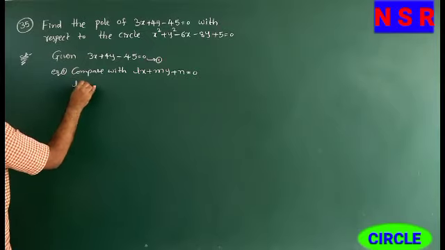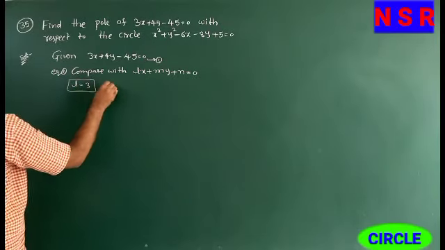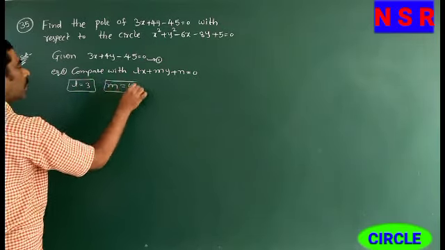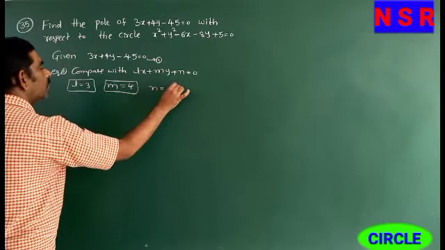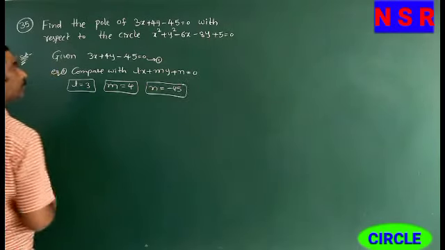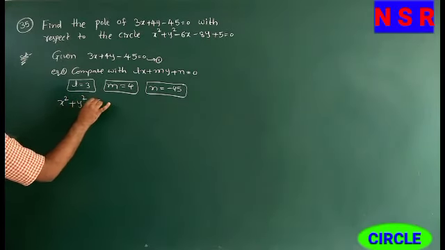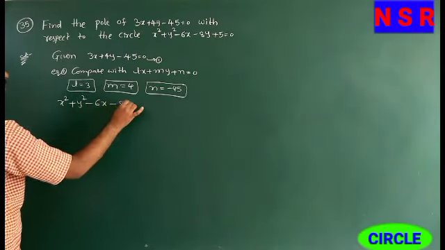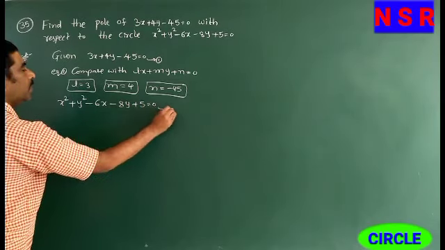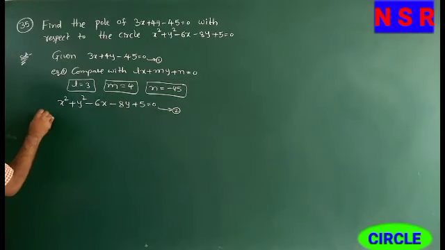So here L equal to 3, m equal to 4 and n equal to -45. And given here circle equation x² + y² - 6x - 8y + 5 equal to 0, take it as equation number 2.